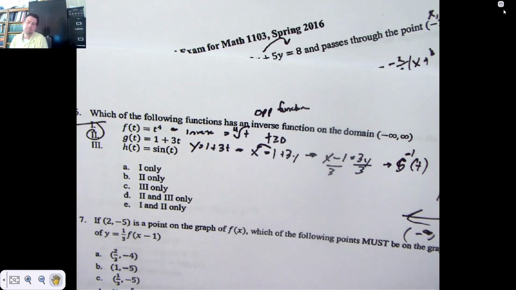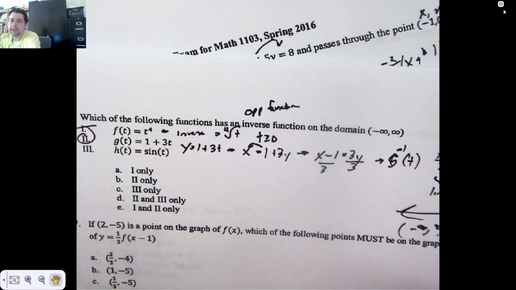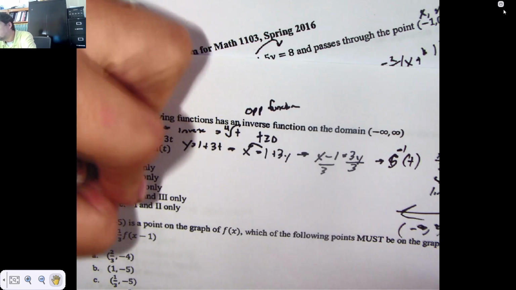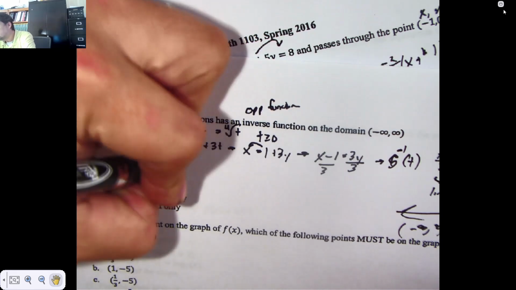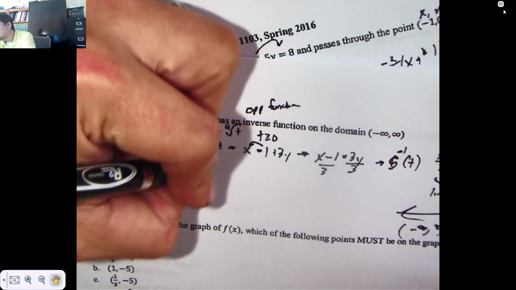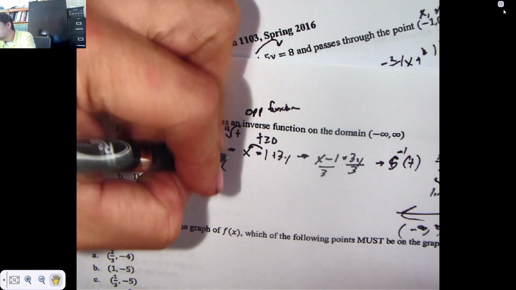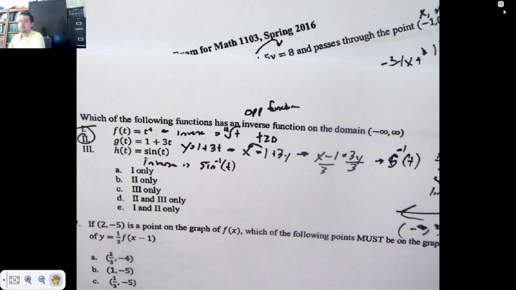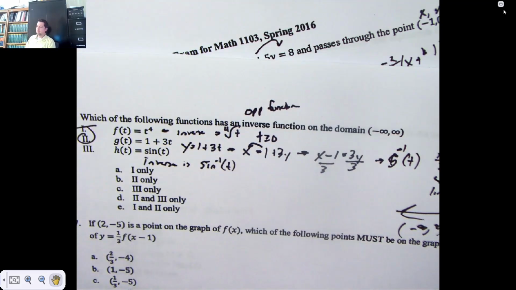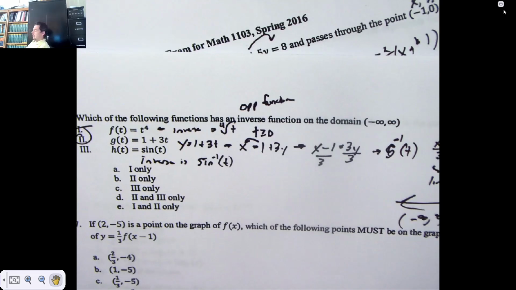The third one, h of t is the sine of t. Its inverse would literally be inverse sine. Now, inverse sine, I don't know what you guys will remember.